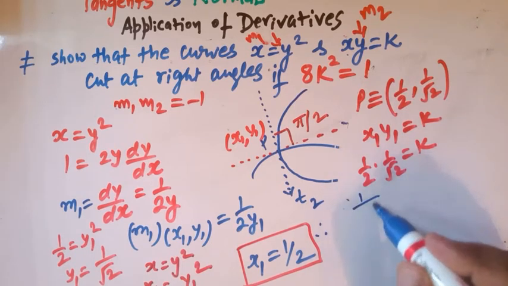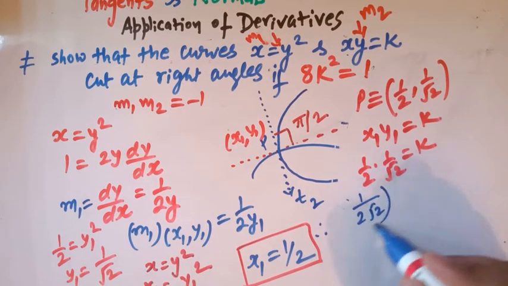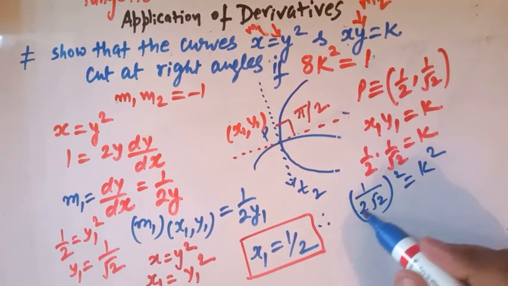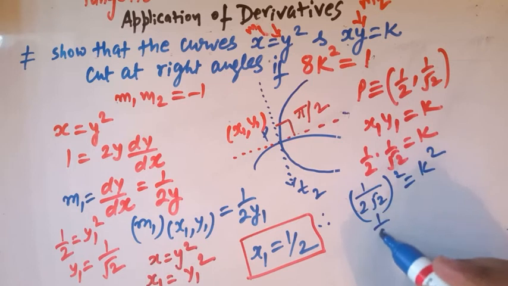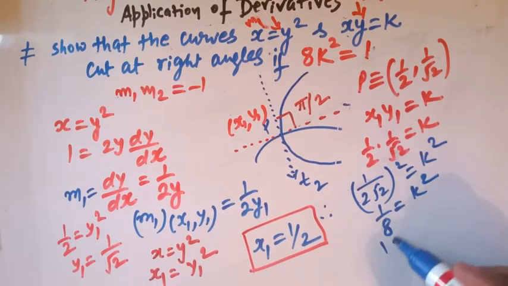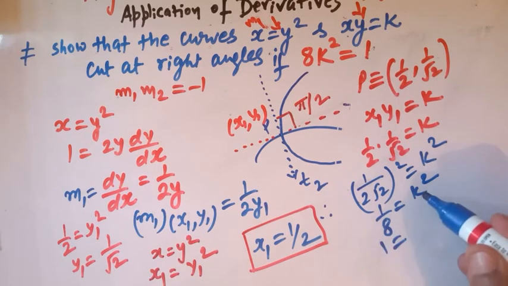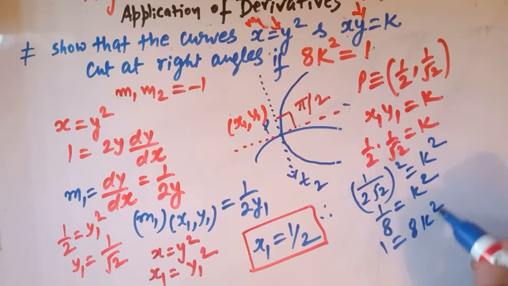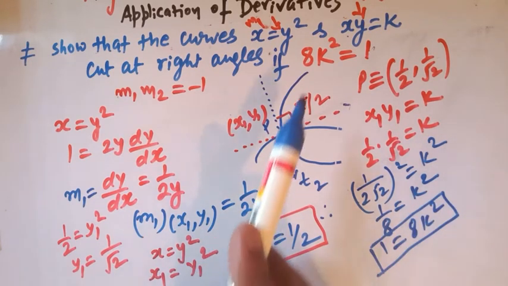So we have (1 over 2 root 2) square is equal to k square, and (1 over 2 root 2) square is 1 over 8, which is equal to k square. So 1 is equal to 8k square. So this is the required result.